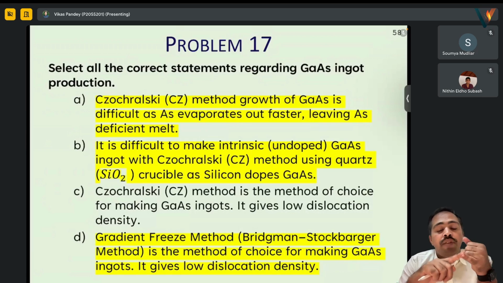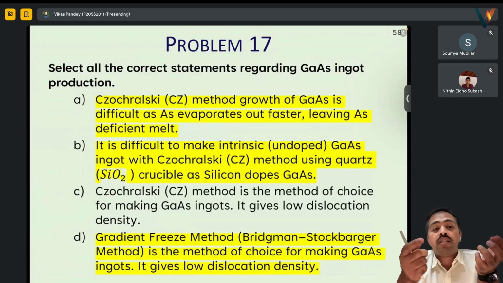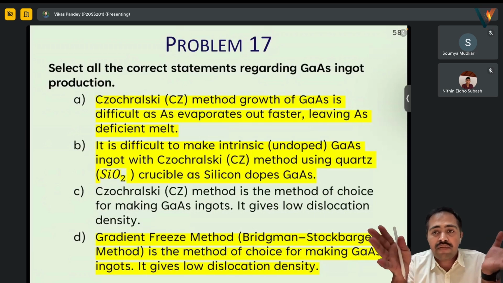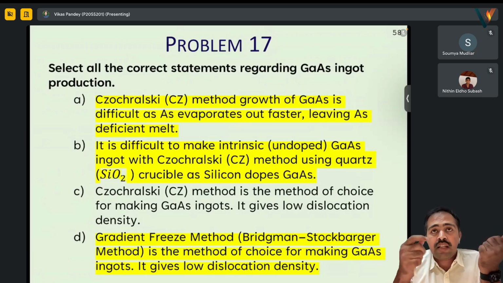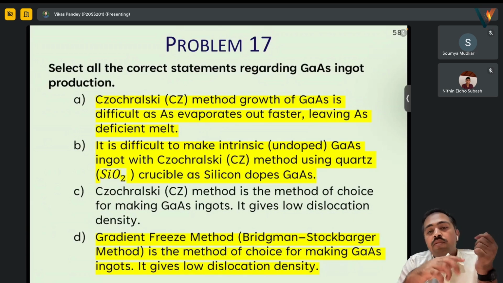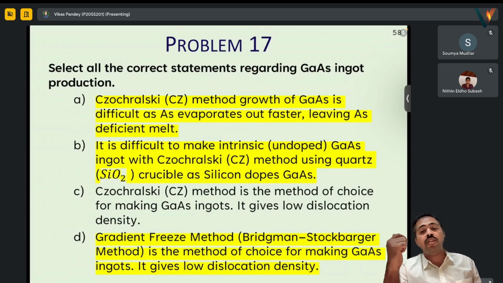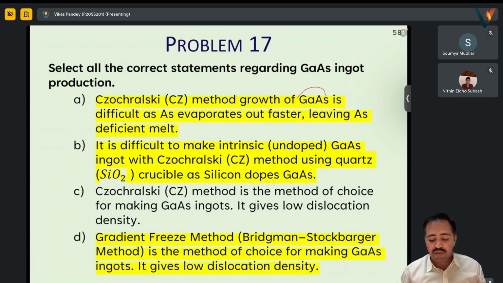That makes it very difficult to make an undoped gallium arsenide, as well as the quartz crucible itself is of silicon, it contains silicon oxide, right? So that dopes gallium arsenide, and that is why we are unable to get intrinsic gallium arsenide. Okay. That is a problem with this. And in case of gallium arsenide, we don't want doping like silicon or germanium, because this itself has better conductivity and it has heterojunction properties, and all that will be covered later on.